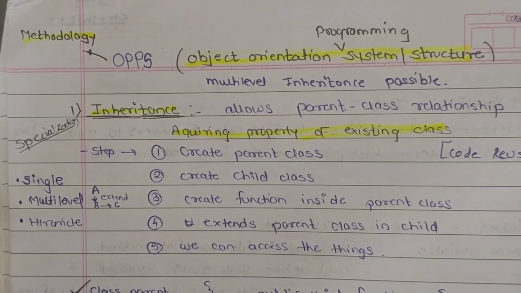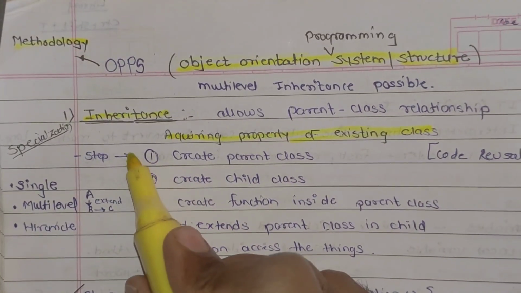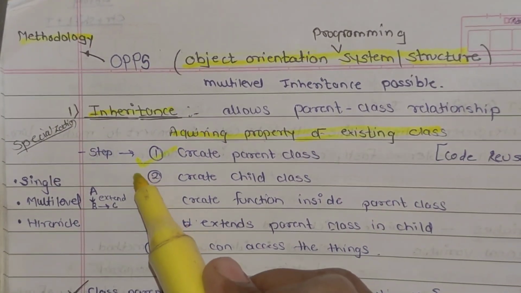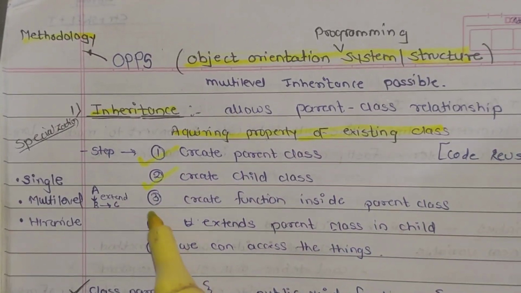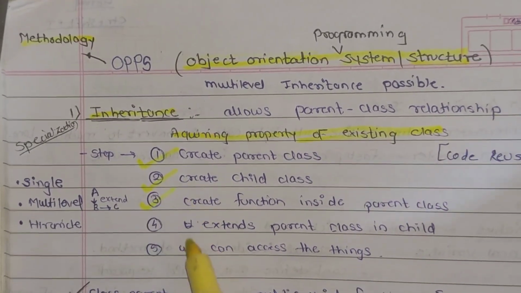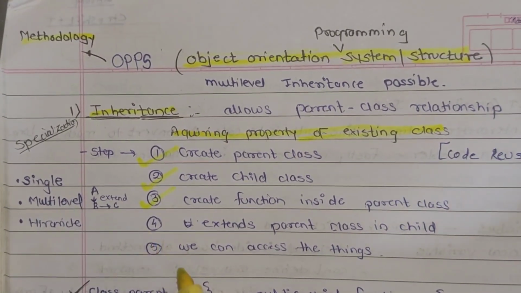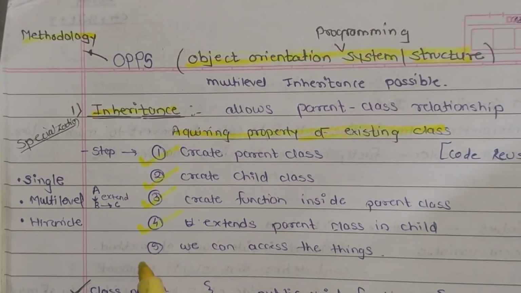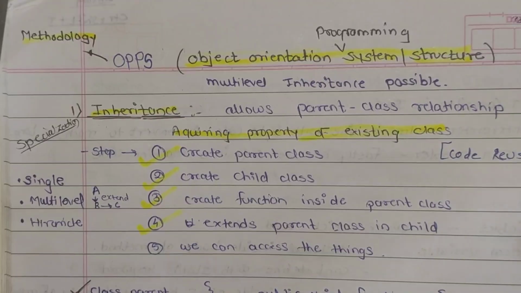So what are the steps to perform inheritance in Java? Firstly, we need to create the parent class. Then we can create the child class, and we can create a function inside the parent class and extend the same parent class in the child class. Whatever we want, we can access through the child class.